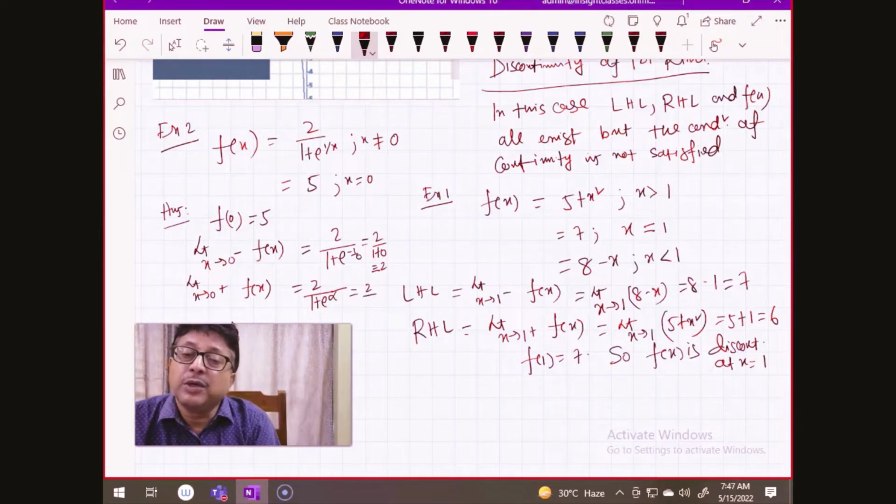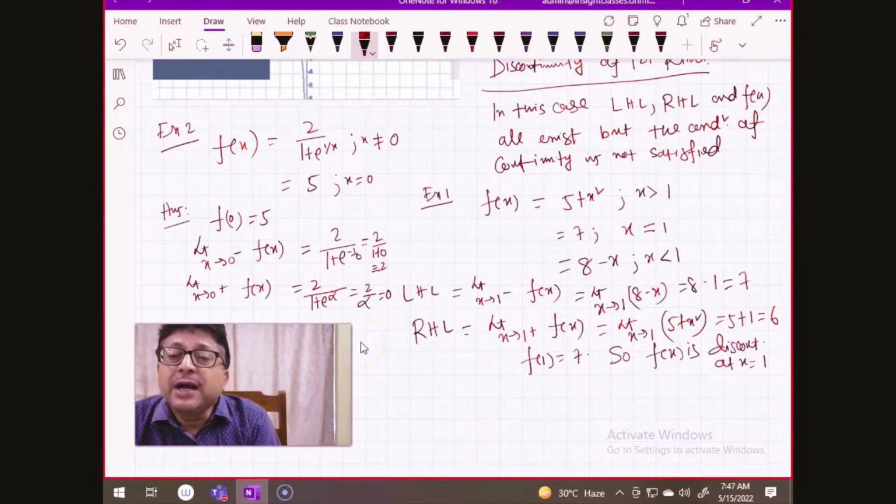Infinity plus 1 is also infinity, so the value is 0. We need not proceed. We can see that the functional value is not equal to the left hand limit, not equal to the right hand limit. So this also belongs to type 1.